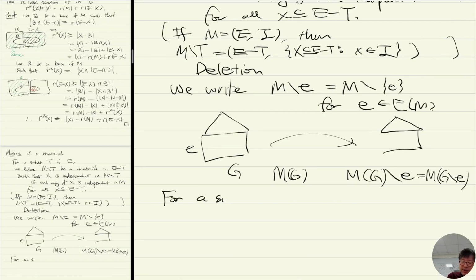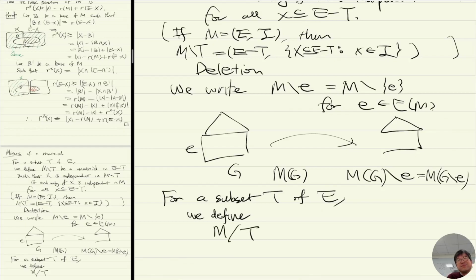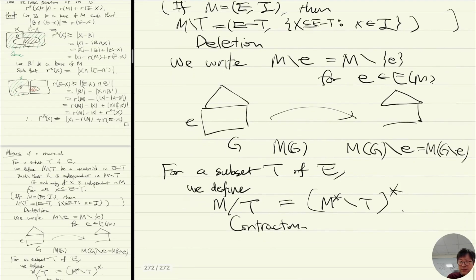For a subset T of E, we define the contraction as first take the dual, delete T, and take the dual again. This is called contracting T.